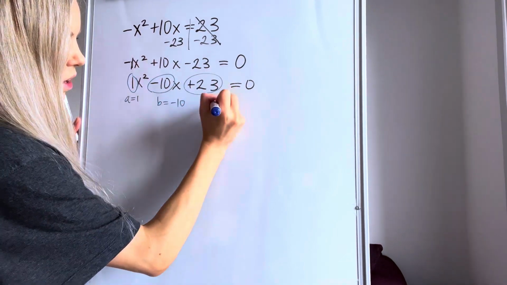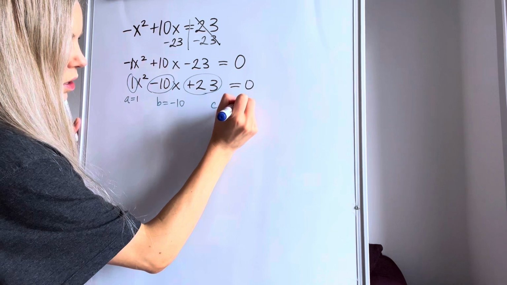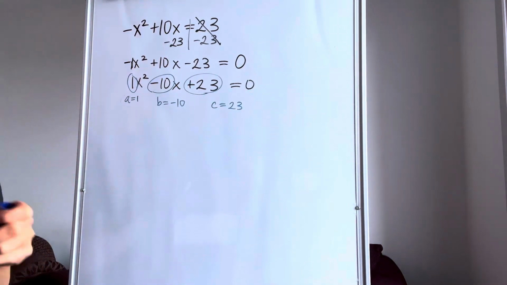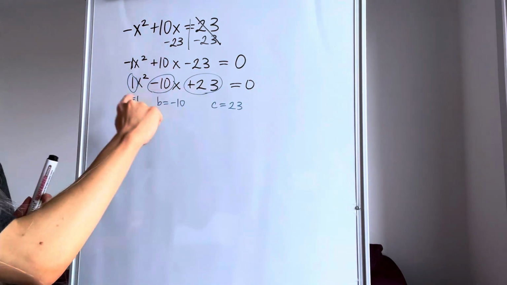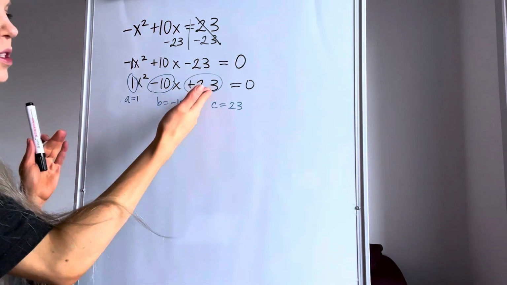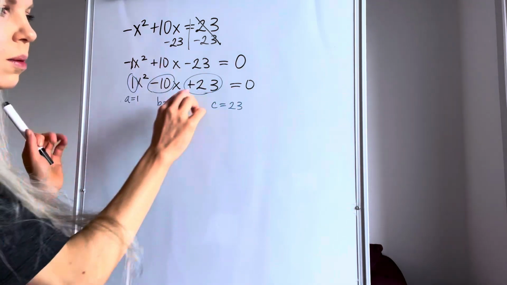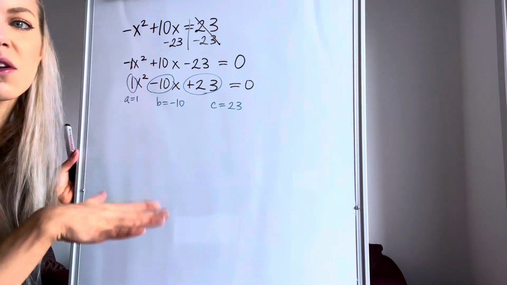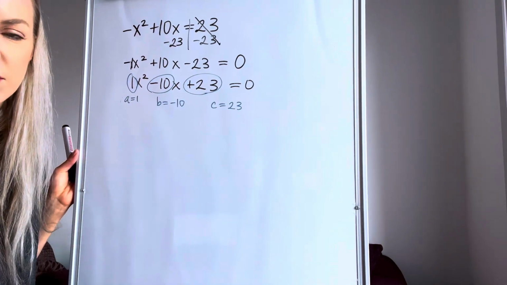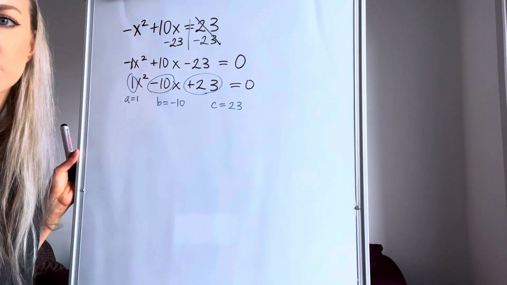And then our c value is 23. The quadratic formula is only used when your quadratic equation is not factorable. 23 is a prime number. There's no way you're going to find numbers that multiply to 23 but add to -10. So this is unfactorable, which is why we have to use the quadratic formula or use a calculator to graph it.